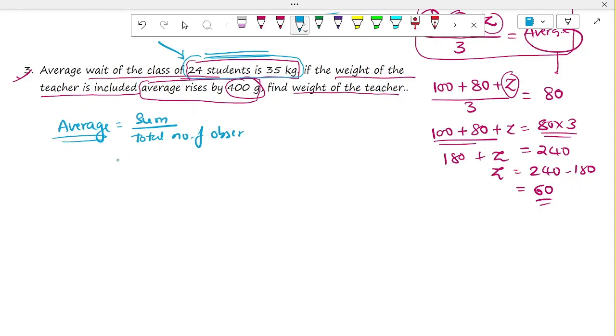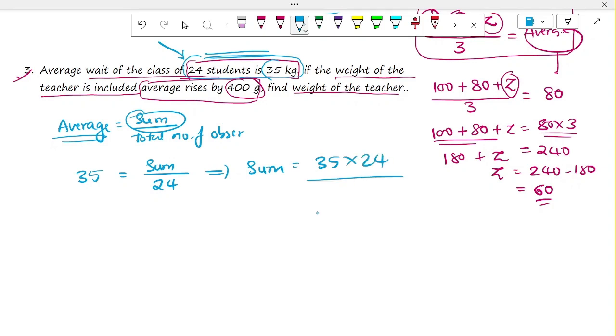So average is what? 35. How many students are there? 24. And then we don't know what is the sum, so we'll write sum as it is. So this will imply sum equal to 35 into 24. So what is the answer of this 35 into 24?